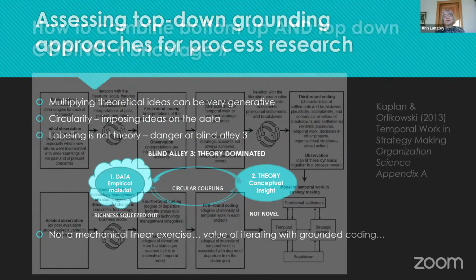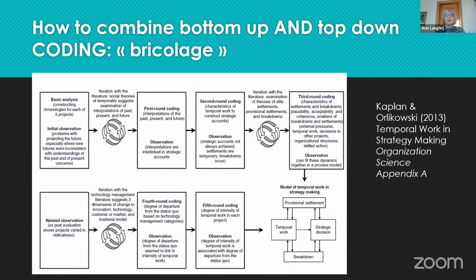It's a paper by Kaplan and Orlikowski, where I think the reviewers must have asked them to explain their coding process. And so they introduced this diagram in an appendix, which explains that coding process. Their final model is the little diagram in the bottom right of that picture.